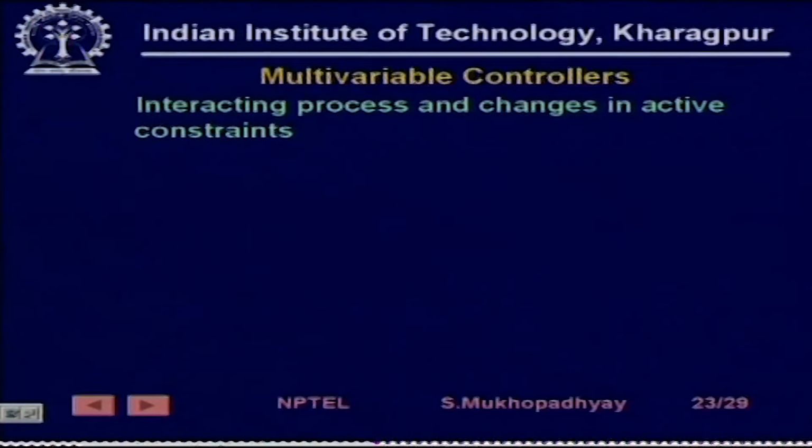On the other hand, if you have multivariable controllers, then process interactions as well as constraints are handled very seamlessly. Things like MPC, model predictive control, which are very popular in the industry today, are control methods, though we did not study MPC, which are designed to handle multivariable processes with interactions and constraints.